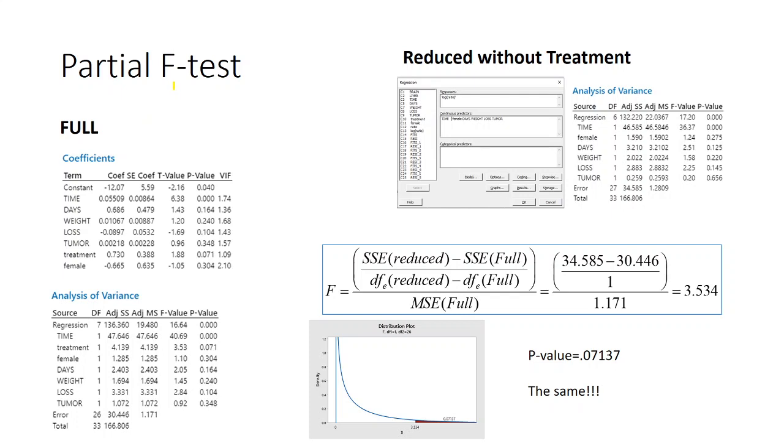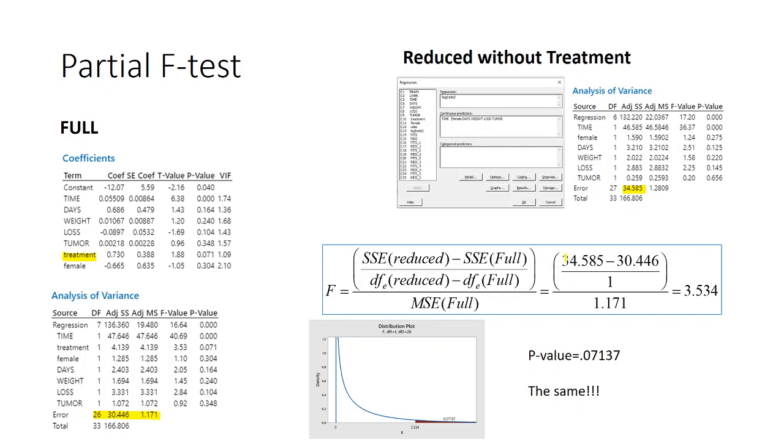Now let's do a partial F test. I do the full model with treatment in there, and I get a sum of squares error of 30.446 with 26 degrees of freedom and a mean squared error of 1.171. Then I reduce it. Notice that there's no treatment in here. There I get a sum of squares error of 34.585, so this one is going to be larger than the sum of squares error for the full model.